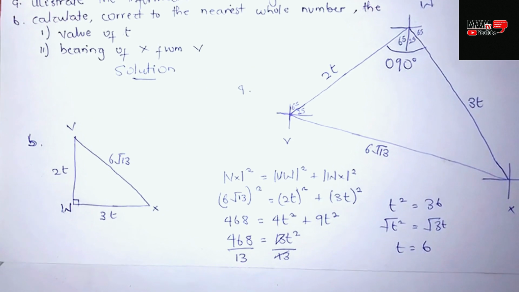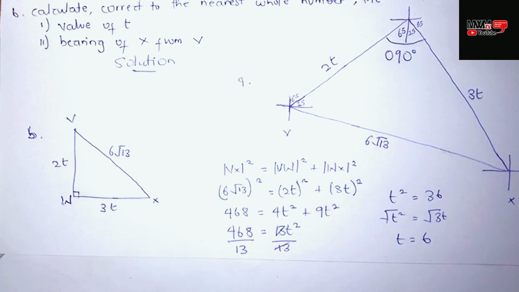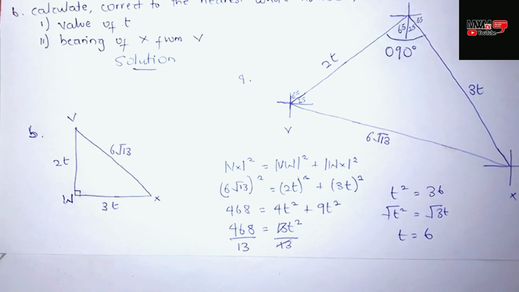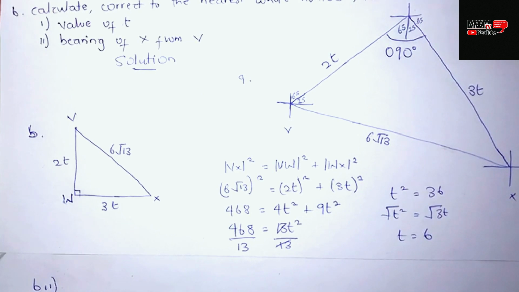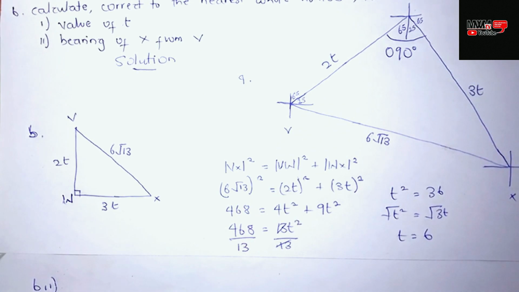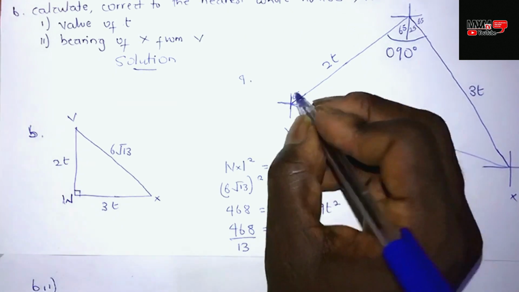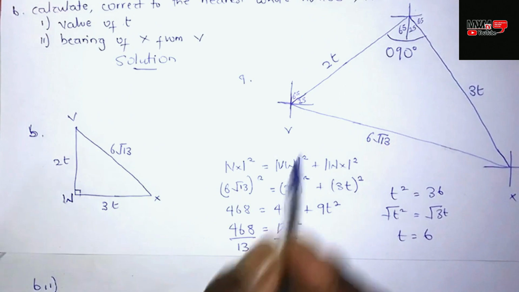Now the other question is to find the bearing of X from V. So, B(ii). To find the bearing of X from V, if I'm at V and I want to go to X, how many degrees do I have to turn? I have to start turning from the North Pole.